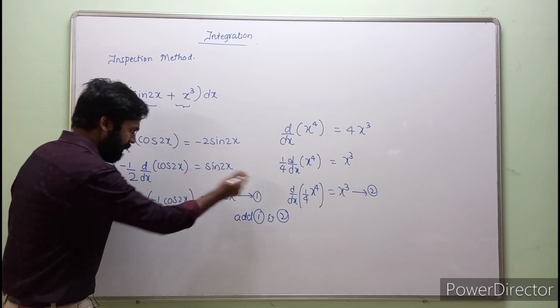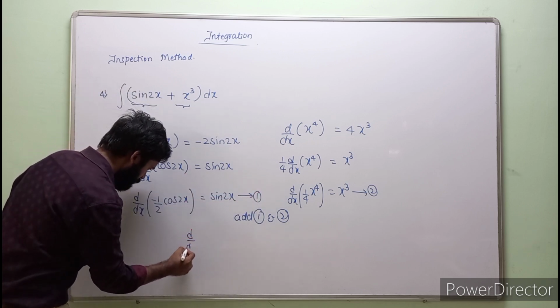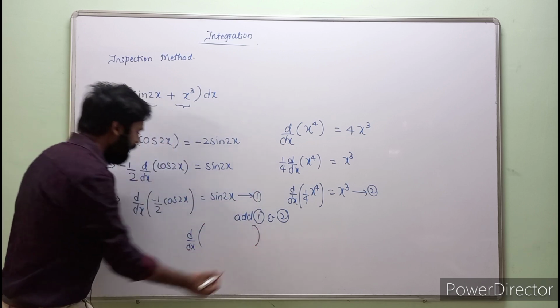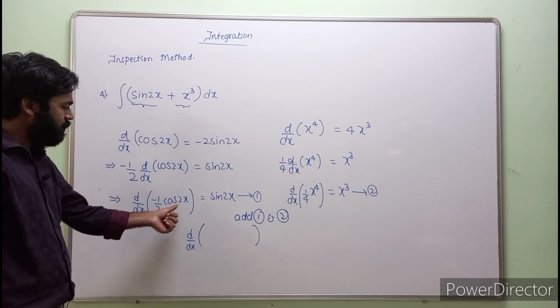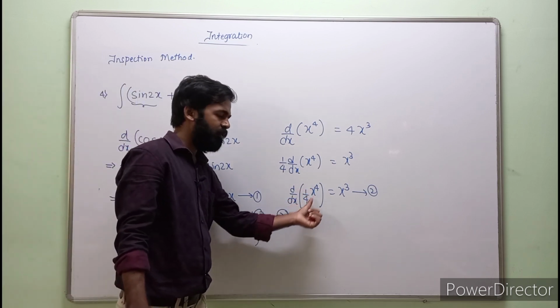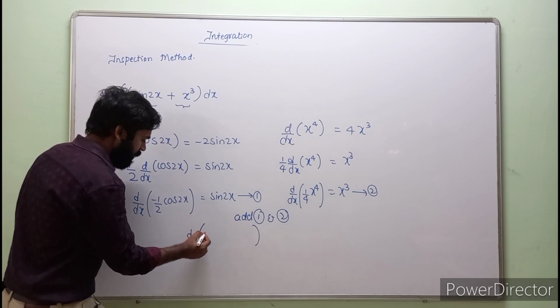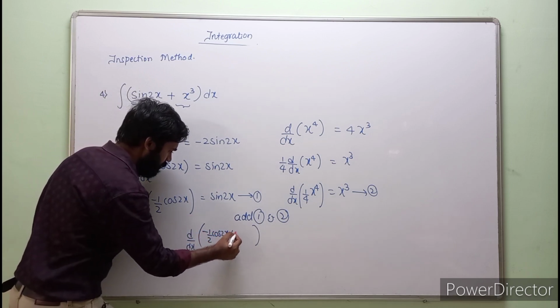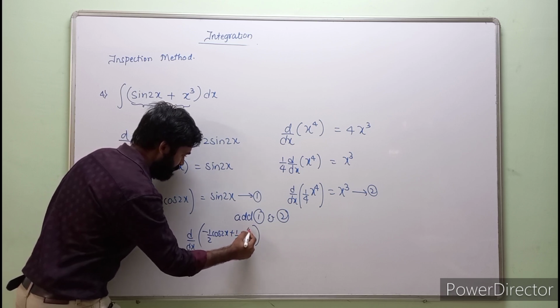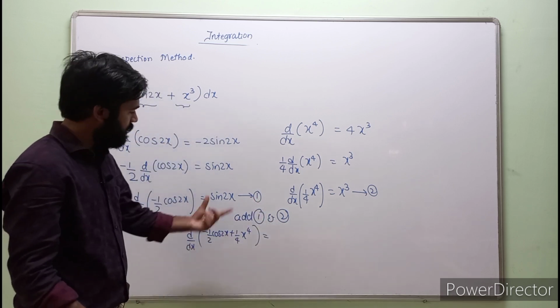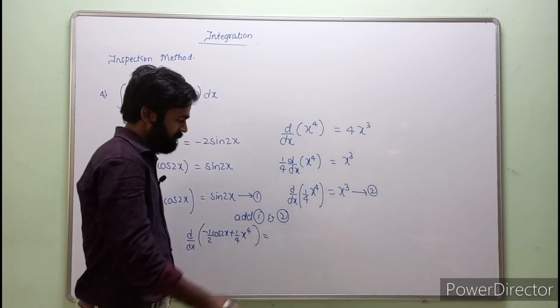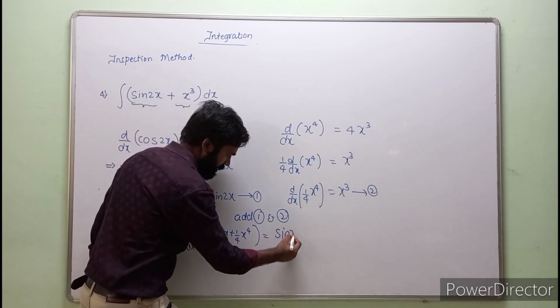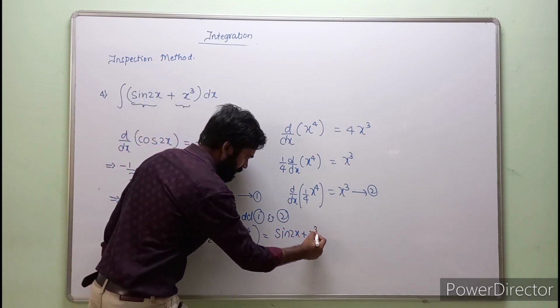What do you get? d by dx of, add both the terms, minus 1 by 2 cos 2x plus 1 by 4 x raised to 4 equals sin 2x plus x cube.